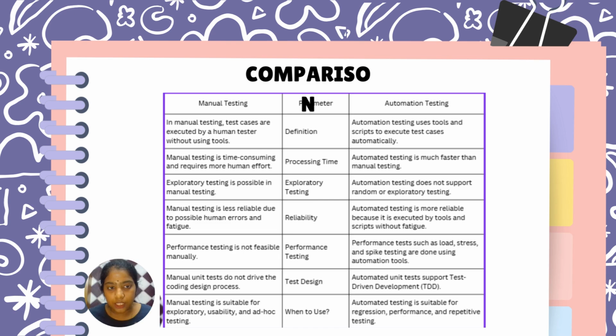Exploratory testing is possible in manual testing, while automation testing doesn't support any random or exploratory testing. For reliability, manual testing is less reliable due to possible human errors and fatigue. Automated testing is more reliable because it is executed by tools and scripts without any fatigue.